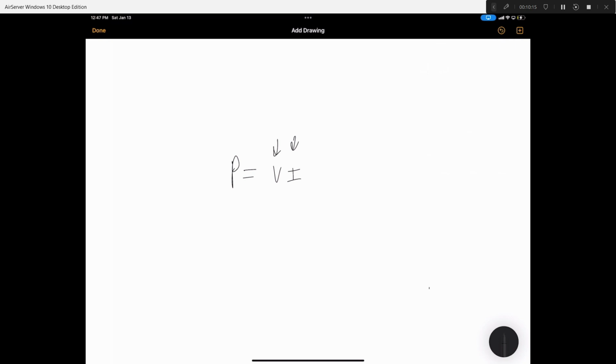Either can be negative. Depending on how the voltage goes from plus to minus, if the current goes with it, this can be positive. But if the current goes against it, it can be negative. It'll make a negative out front.